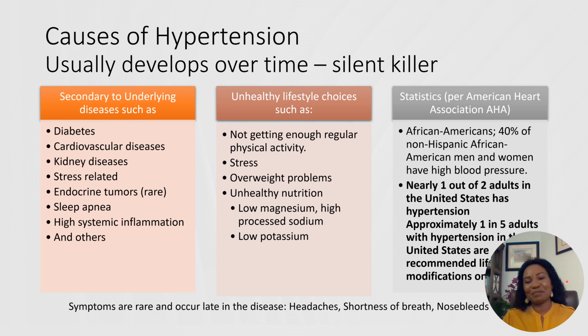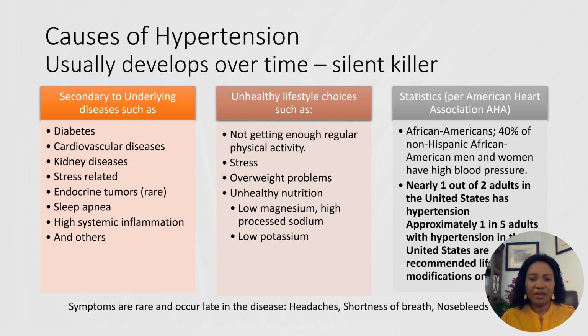Okay, so let's put on some statistics to this. African Americans in America, 40% of non-Hispanic African American men and women have high blood pressure. People, the awareness is not there. We think we know these things, but we are not consciously doing things that needs to be done. Okay, nearly 1 out of 2 adults in the United States has hypertension.